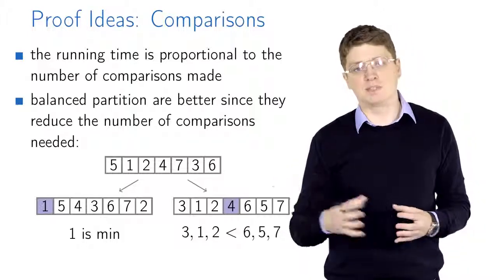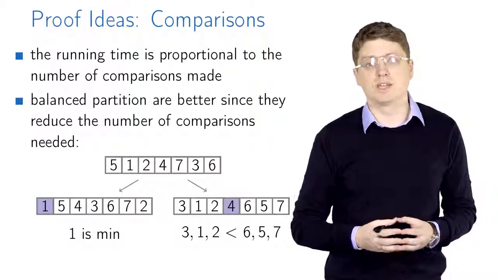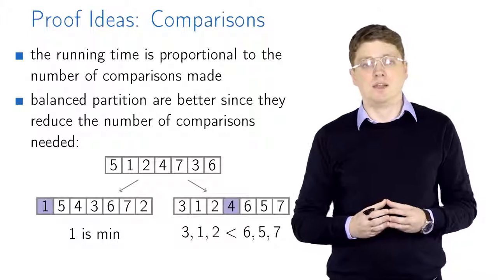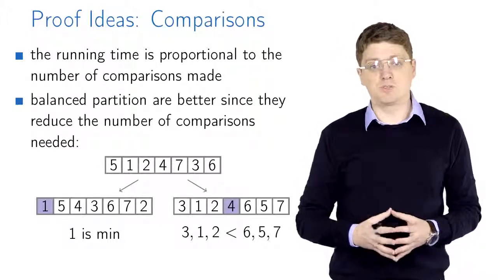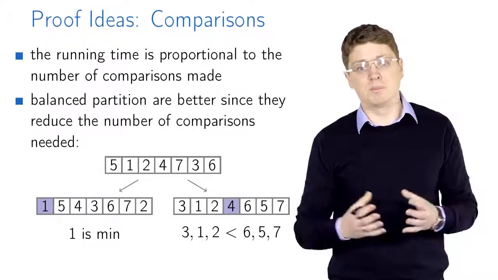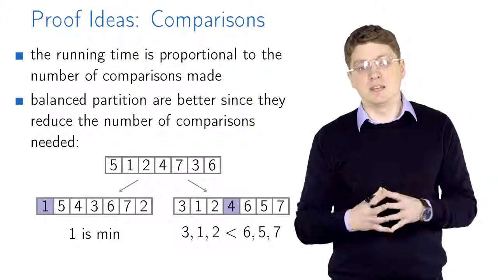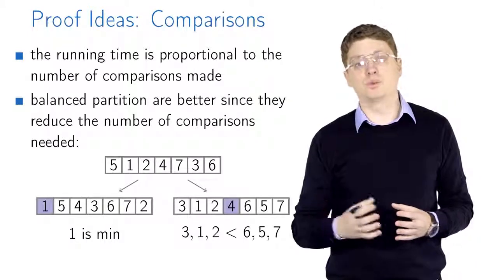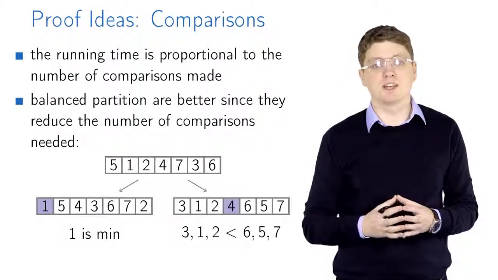Now consider another possibility. Consider the following balanced partition shown on the right. So assume that we selected 4 as the pivot element. I claim that in this case, this partition is much better for us because we saved many subsequent comparisons. So look, in the subsequent runs of the partition procedure, we are not going to compare elements 3, 1, 2 with elements 6, 5, 7.